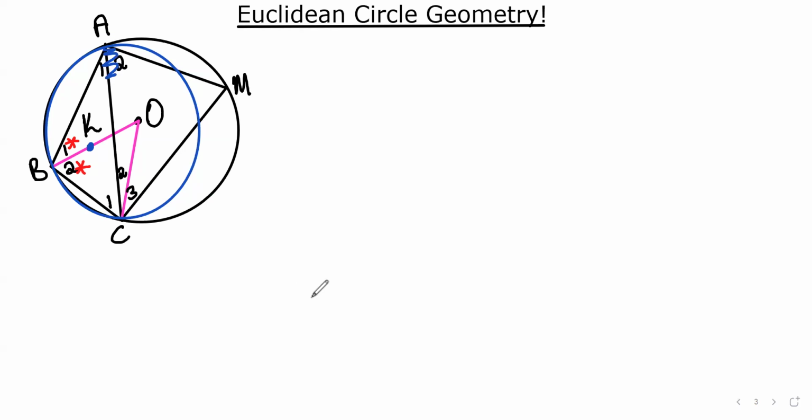AC, no, I lied to you. AC is not the diameter. It's not going through the center. So, no, it doesn't really tell us anything except that KO is equal to BK. Yeah, I think that's the only thing it tells us. Well, nothing else, not as far as my eyes can see.